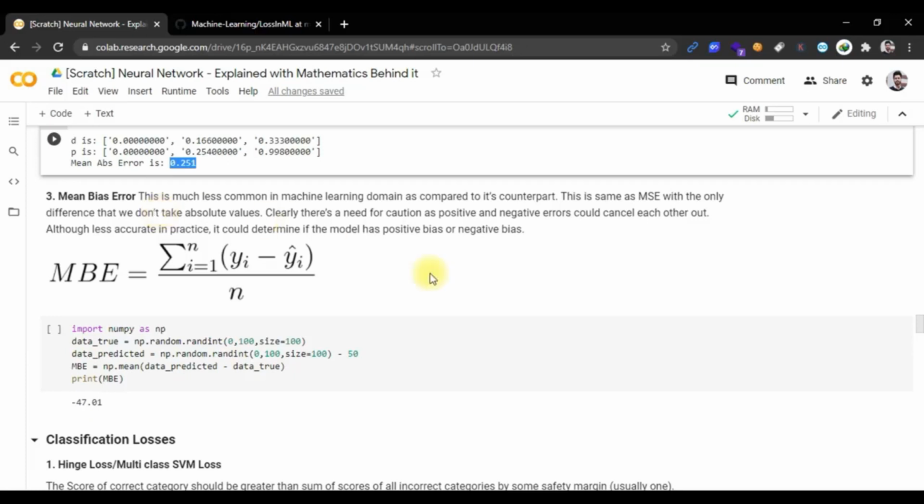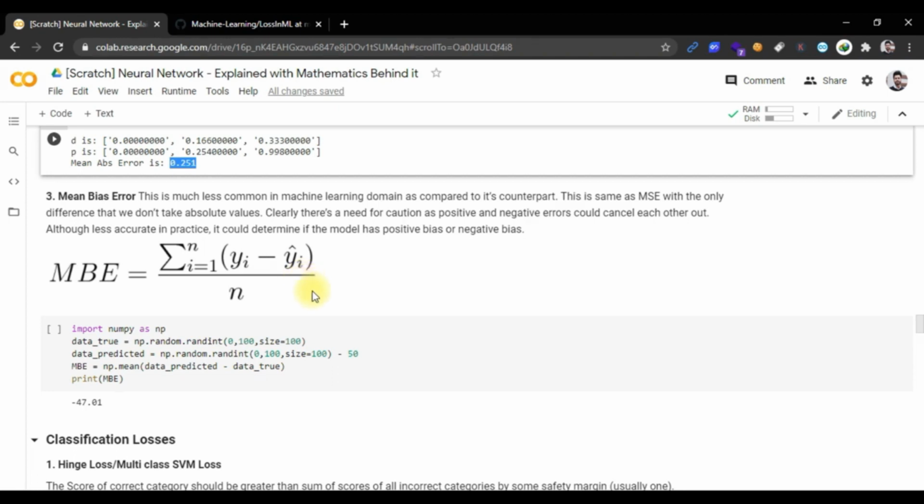As you can see, this is the same as MAE, with the only difference that we don't take absolute values. Clearly we need to be cautious, as positive and negative errors could cancel each other out because there is no square here. That's why it is used only when we know that there is a positive bias or a negative bias.